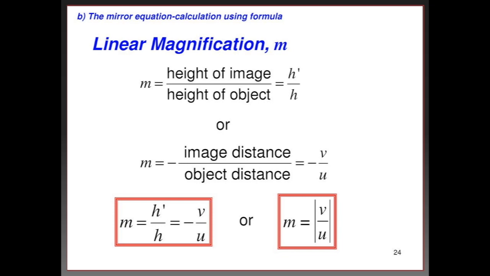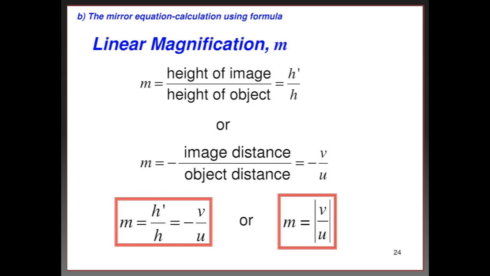Magnification is denoted by the letter M. If the height of the object is h and the height of the image is h dash, then magnification M equals height of the image by height of the object, that is h dash by h.